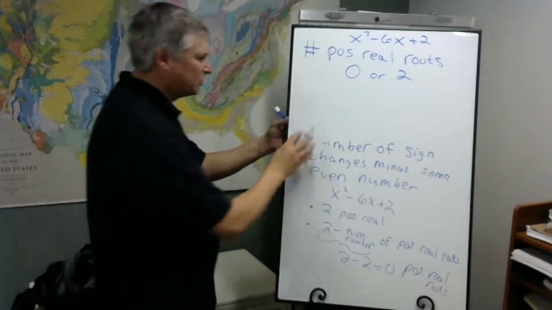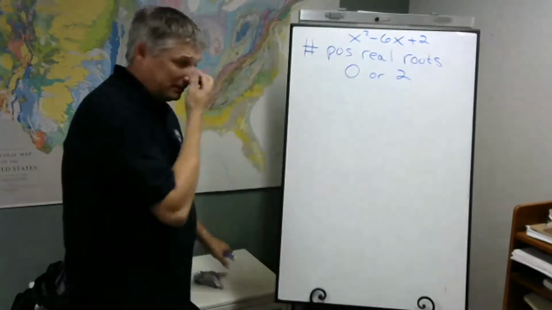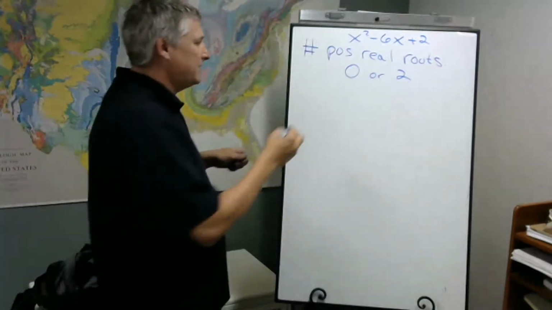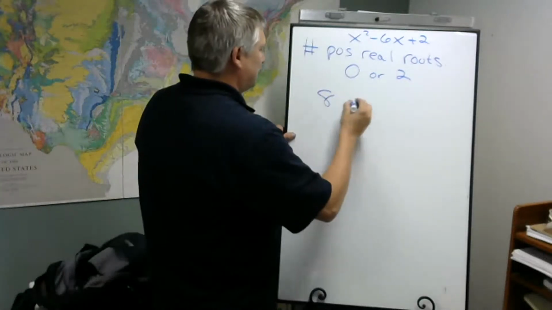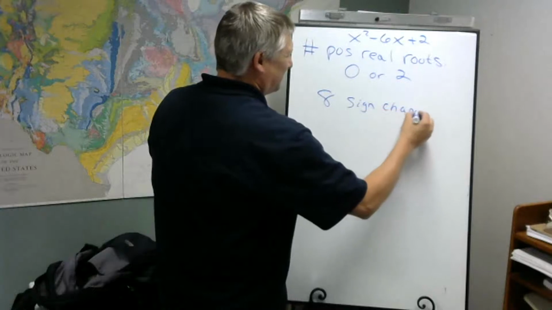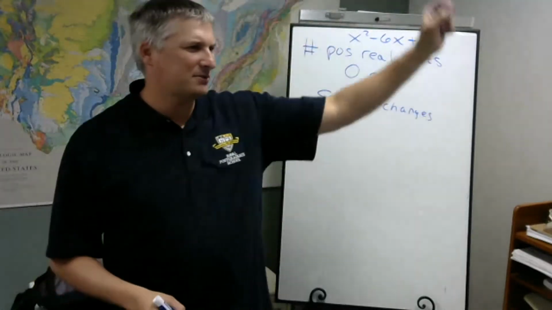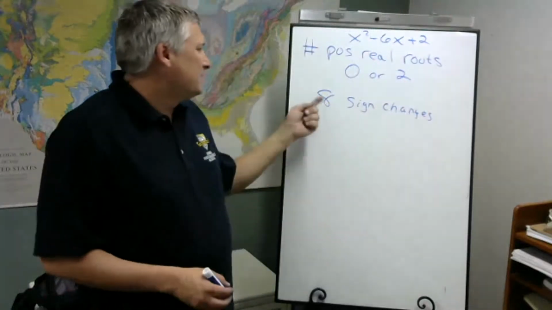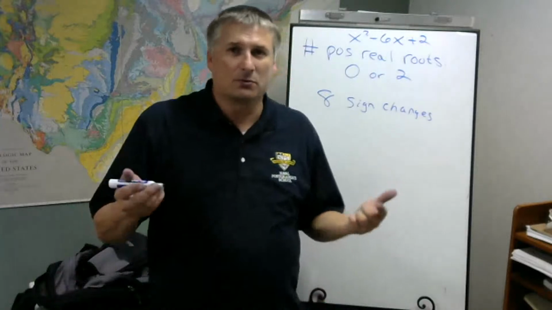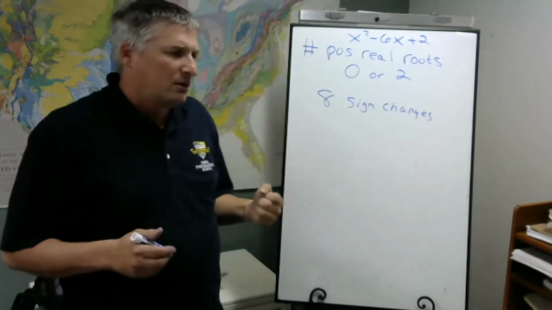Now I want to talk about the subtracting of the even number business. This could get a little confusing. So let's say we had this. Let's say there were 8 sign changes. So this could be like a really big polynomial where we have a positive term, then a negative term, to a positive term, to a negative term. In this, we have 8 changes in sign. So by the first rule, we could potentially have 8 positive real roots.